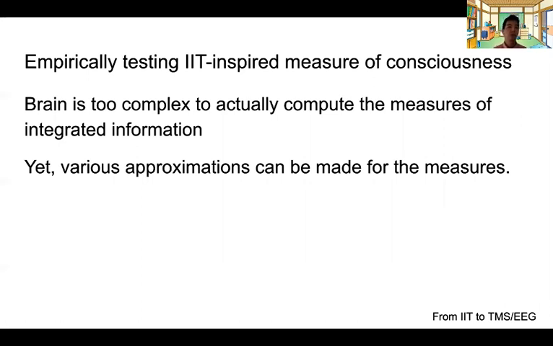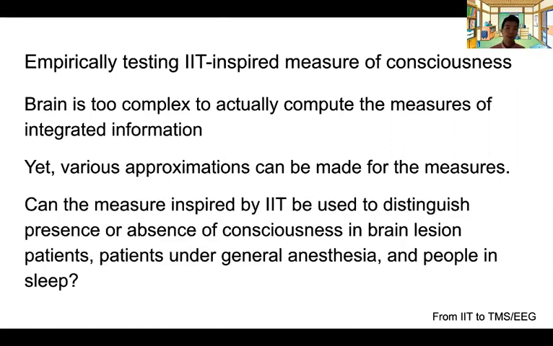The question in this video is: can the measure inspired by IIT be used to distinguish the presence or absence of consciousness in brain lesion patients, patients under general anesthesia, and people in sleep? If that's possible, then that will lend support for IIT indirectly.